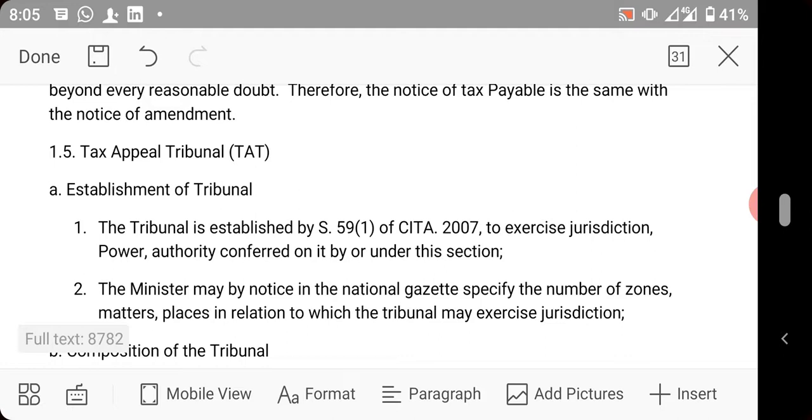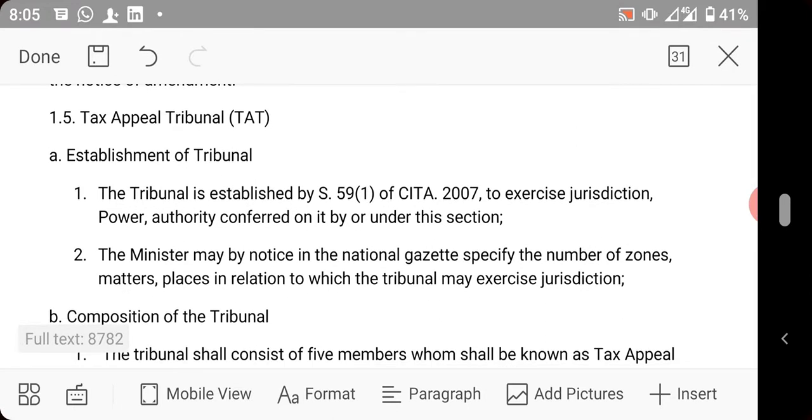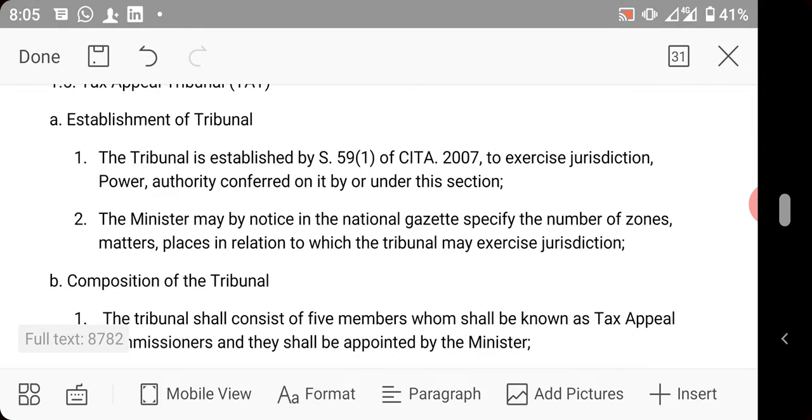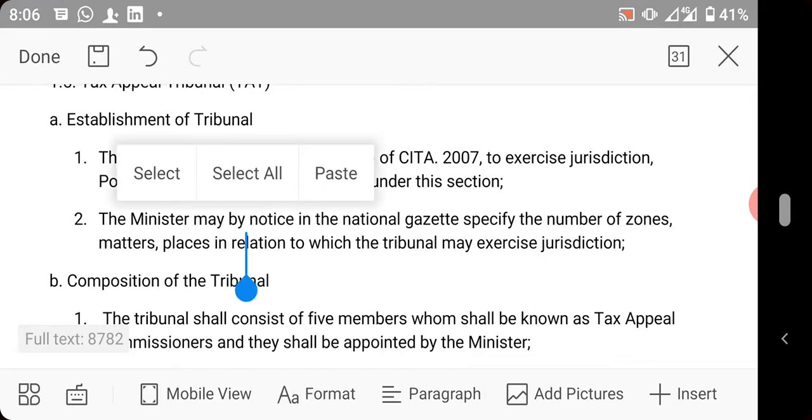The tax appeal tribunal has jurisdiction and power to adjudicate matters relating to company income tax, value added tax, personal income tax, capital gain tax, and any other tax matters that can from time to time be referred to the tax appeal tribunal. The tribunal has zones, and there are 8 zones in Nigeria: 6 in the 6 geopolitical zones, and 2 zones in Lagos and Abuja.